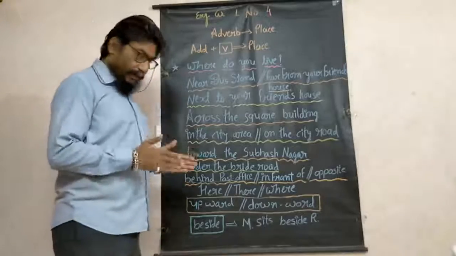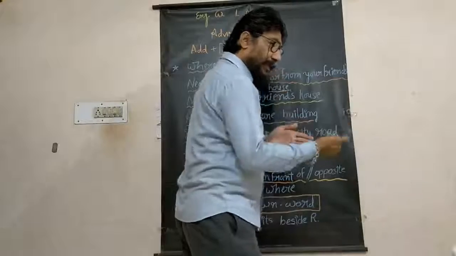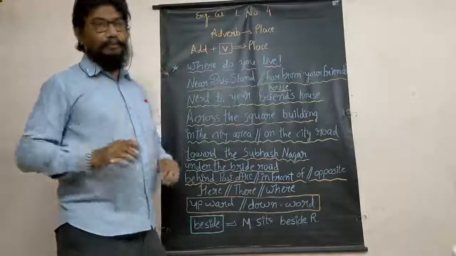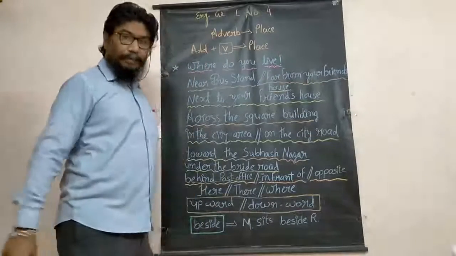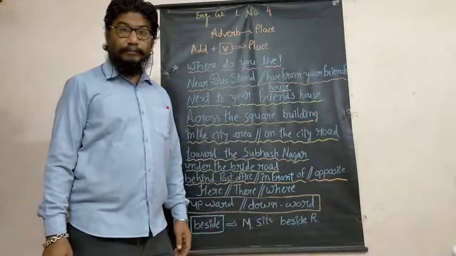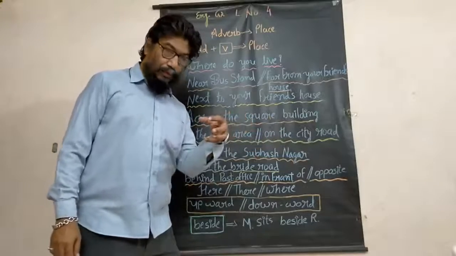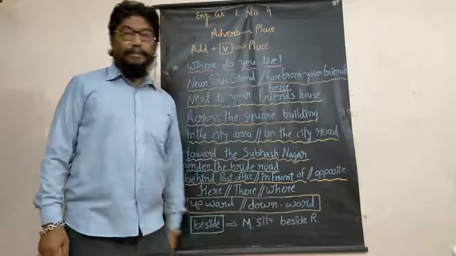Generally, whenever action or motion is there, just before that you have to write "to". I go to school. I go to cinema hall. The cow rushed to the ground. "To" means towards the ground.